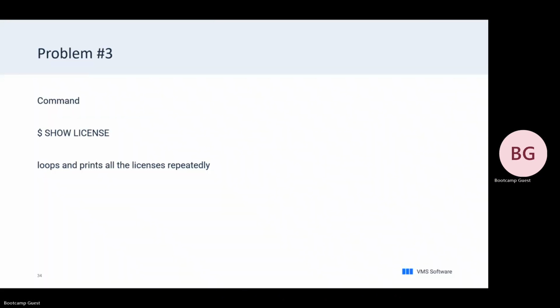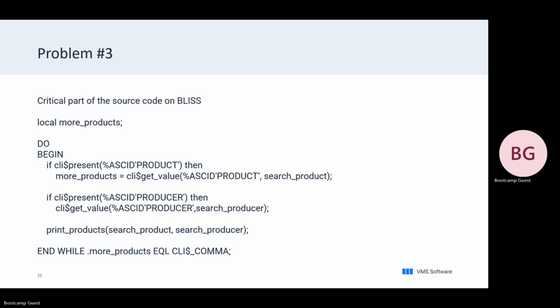Another problem is, again on the natively built OS, show license just prints and prints all the licenses, the list of licenses, endlessly. I put here the critical part of the code in Bliss.